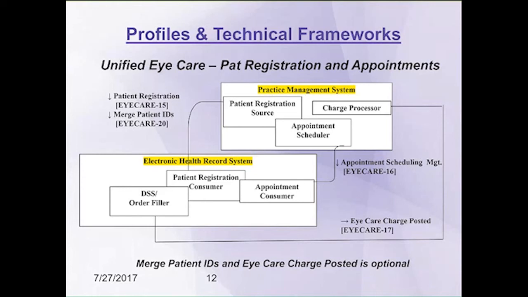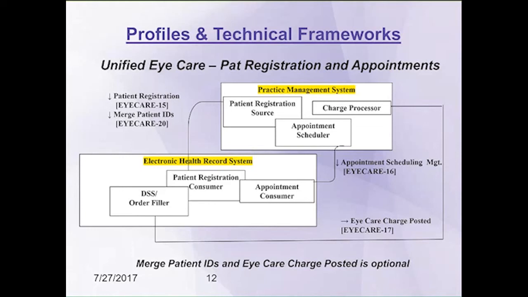Then, of course, on the reverse side is the EHR. They receive that data, right? So they're going to be a patient registration consumer, and they're also going to be an appointment consumer. So they're going to take that information from your practice management system, which has to be HL7 messages, and process that data. And so what happens is IHE gives you this information so you know exactly what you need to implement as part of a vendor.